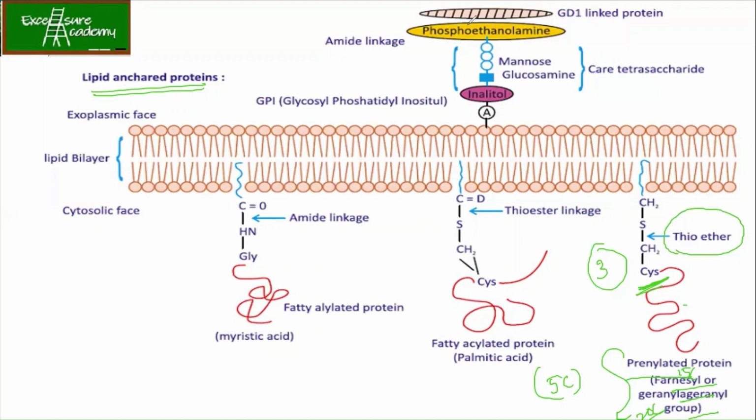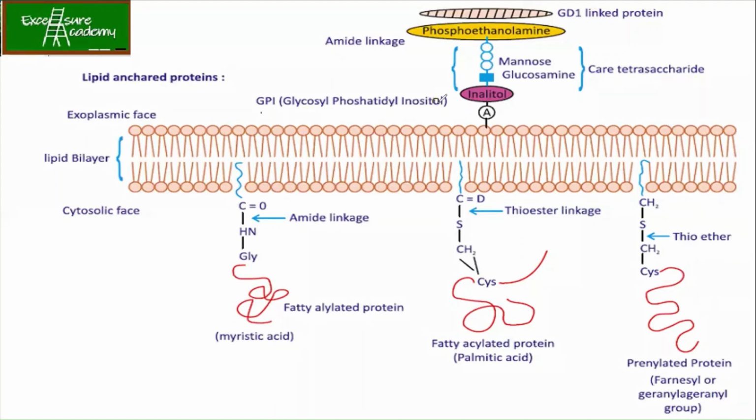Yes, ma'am. Okay. Now we have another group here. See, you have the GPI, glycosyl phosphatidyl inositol. Here you have the inositol. I don't know how many spelling mistakes there are here, sorry for that. To this, a tetrasaccharide has been added. Okay? So what is the function of GPI?